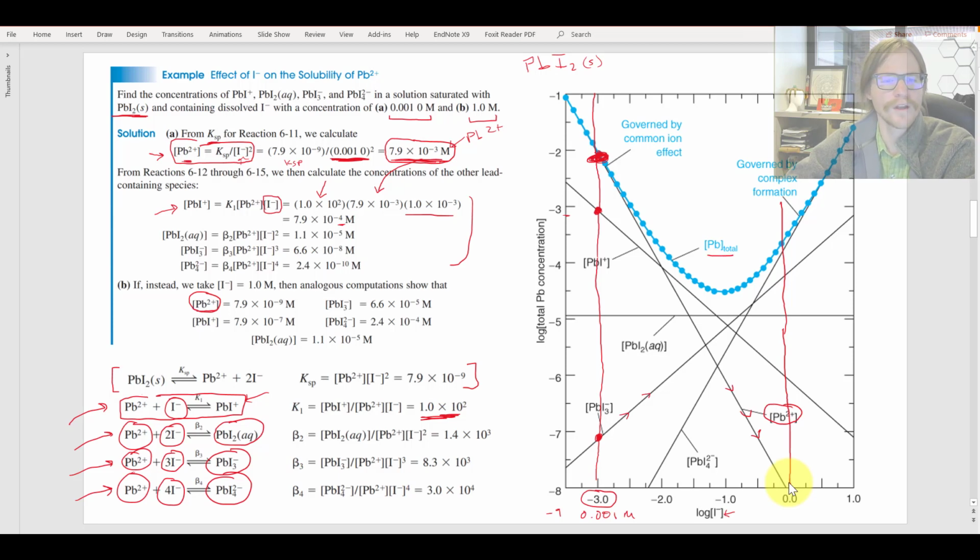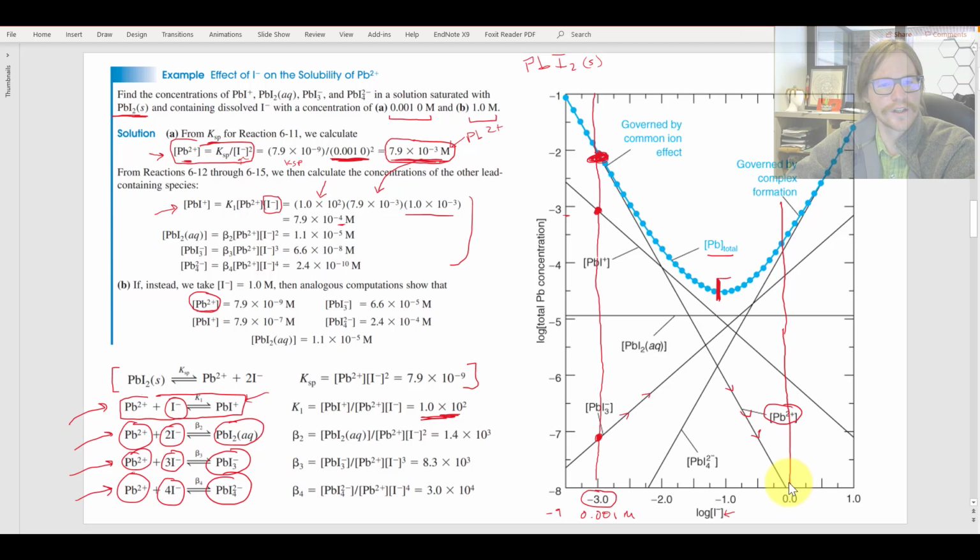Well, lead total is the total amount of lead that's in the system, that's solubilized in the system, that's not a solid. And so what that's telling us is that past this point right here, where we're precipitating out a bunch of solid, that's the maximum, where we've precipitated out the maximum amount of lead iodide as a solid.